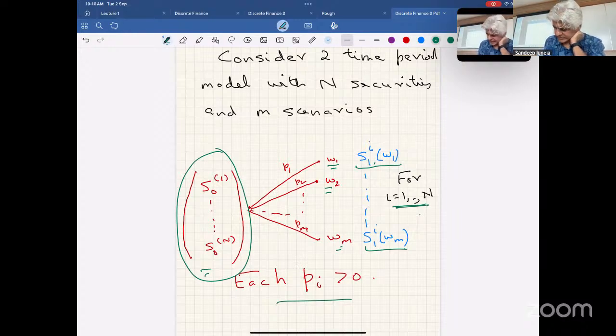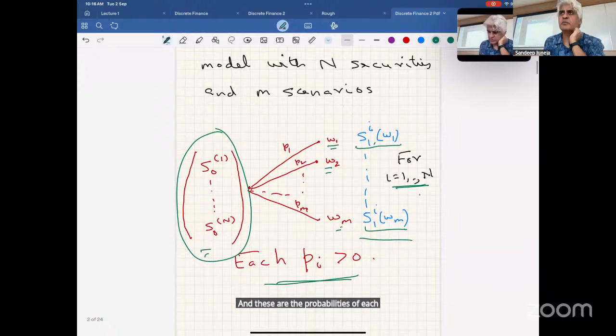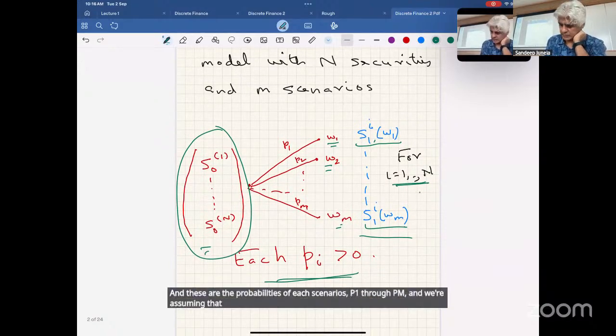So you would really have this matrix of values of N securities in m scenarios. And these are probabilities of each scenario, P1 through Pm, and we're assuming that these probabilities are positive.